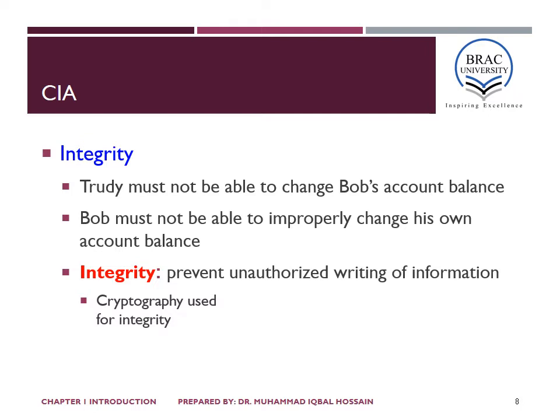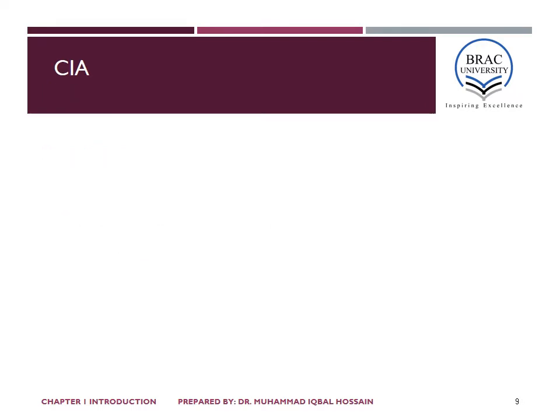And Bob must not be able to improperly change his own account balance, like I have an account in some bank and I cannot change the account balance improperly. So integrity means preventing unauthorized writing or unauthorized modification of the information. Here also we use cryptography.